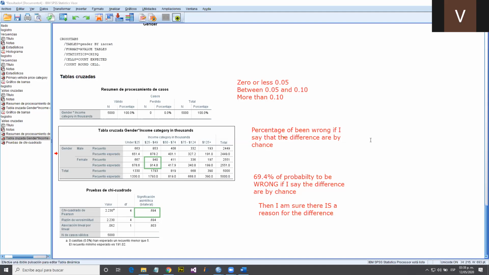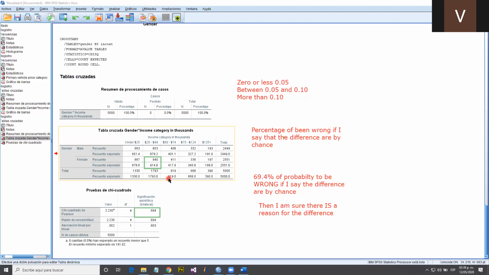Wait, but how did you get that final reason? Because if you go right here, you can see that more women earn money than men. So the fact that they earn more money and they spend it, what do you mean?